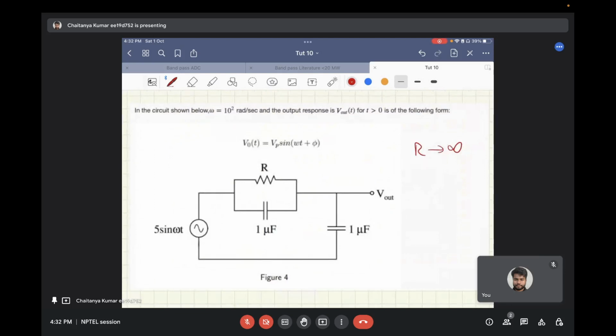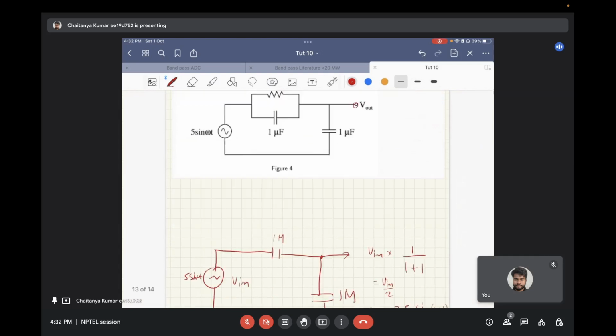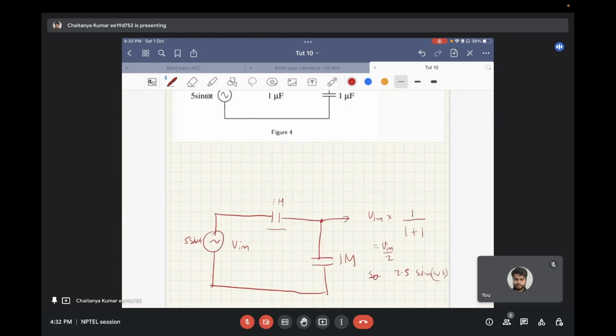Now, next question. In this question, it has been given that a sinusoidal input is applied to some system, and it is asked that if R tends to infinity, then what will be the value of the output. Now if R tends to infinity, what you get is a simple capacitor divider.